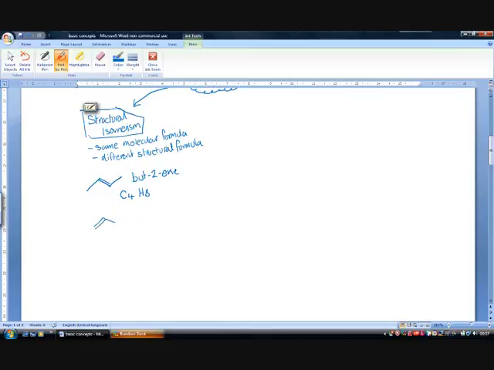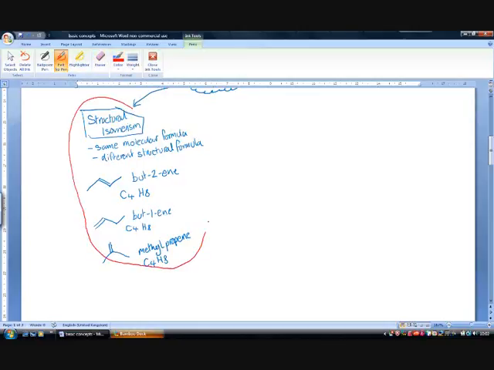And then we've got but-1-ene, which is also C4H8, so it has the same molecular formula. And there's another one there, methylpropene, C4H8 again. So all those 3 compounds are structural isomers. They have the same molecular formula, but they have a different structural formula.